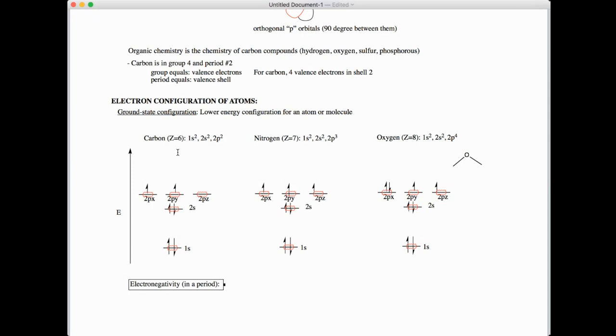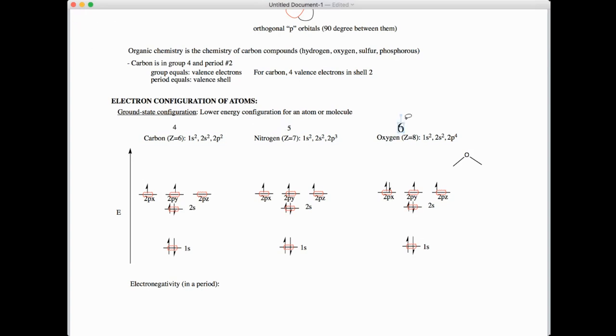So let's say carbon is group 4, nitrogen is group 5, and oxygen is group 6, right? So when we go from 4 to 6 in the same row of the periodic table, the electronegativity increases.